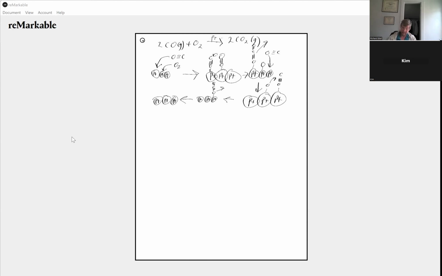How would you write this down in a reaction mechanism? Well, you would start with carbon monoxide to form a platinum carbon monoxide complex.